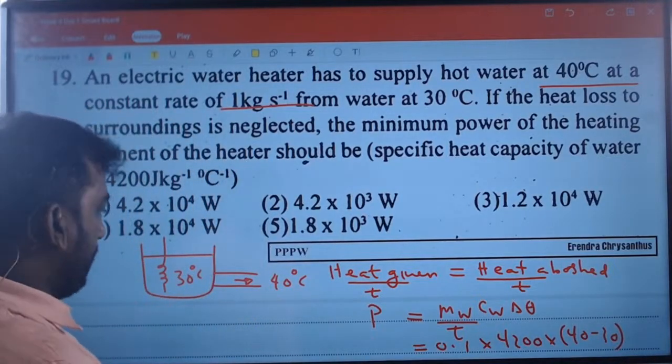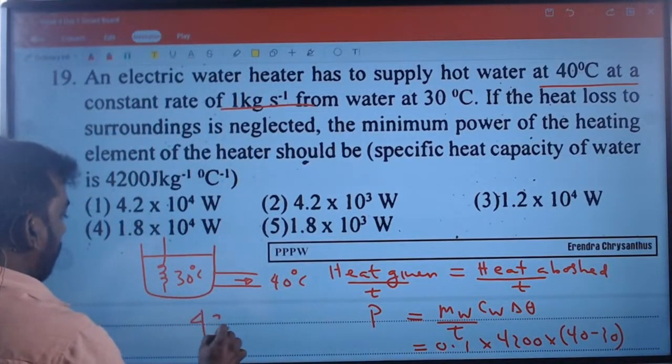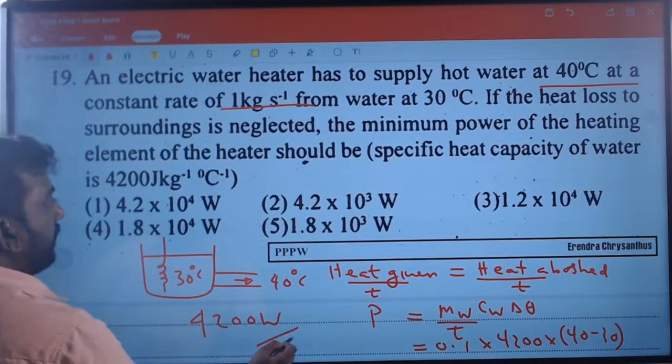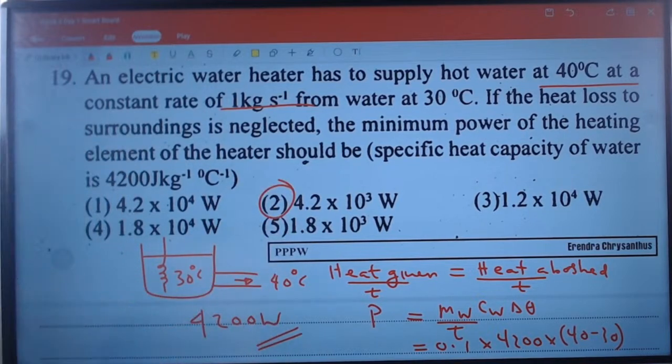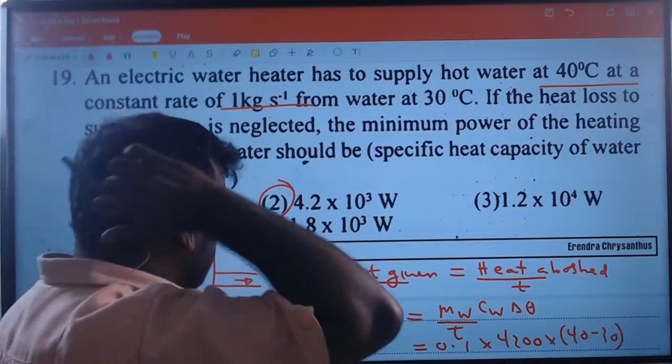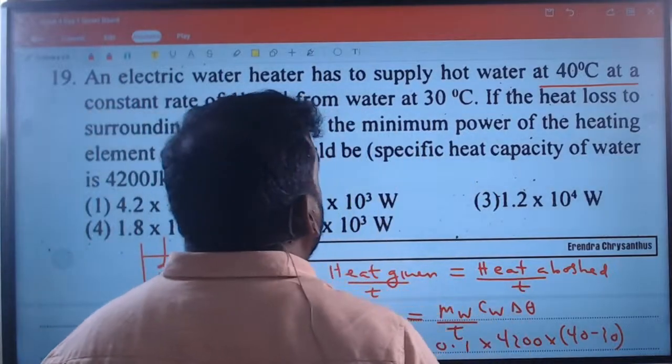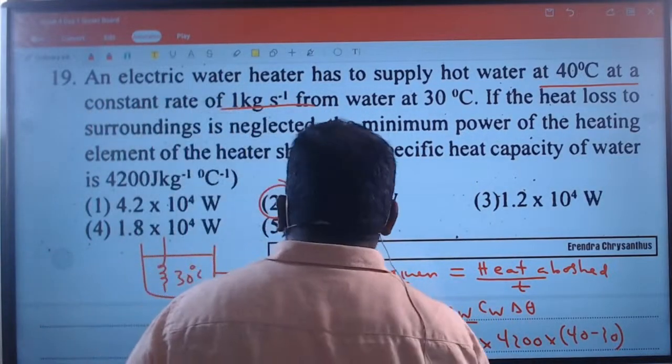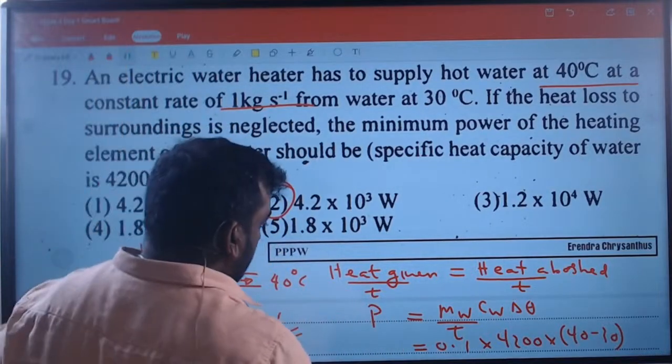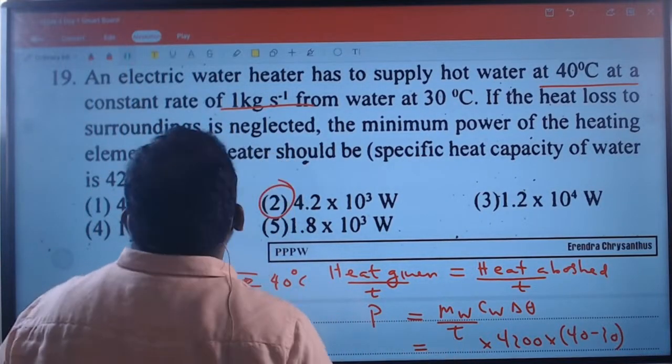So here 4200 watt, answer number 2. Wait. Sorry, it's not 0.1. By mistake, it's not 0.1. It's 1.